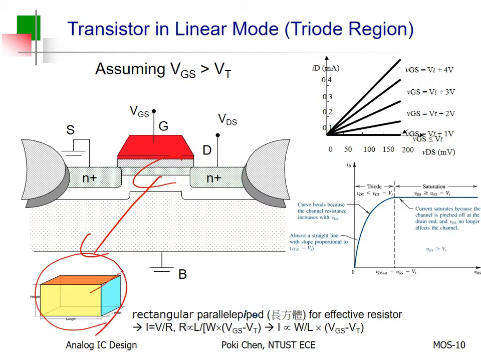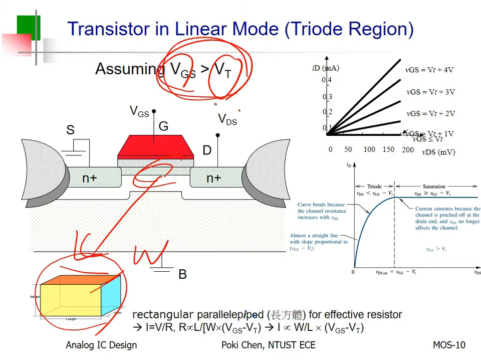Width here, length there, and how about height? The height actually depends on the depth of the channel. I told you already, the more you are above threshold voltage, the more carriers you can attract here. It means you have a thicker channel.